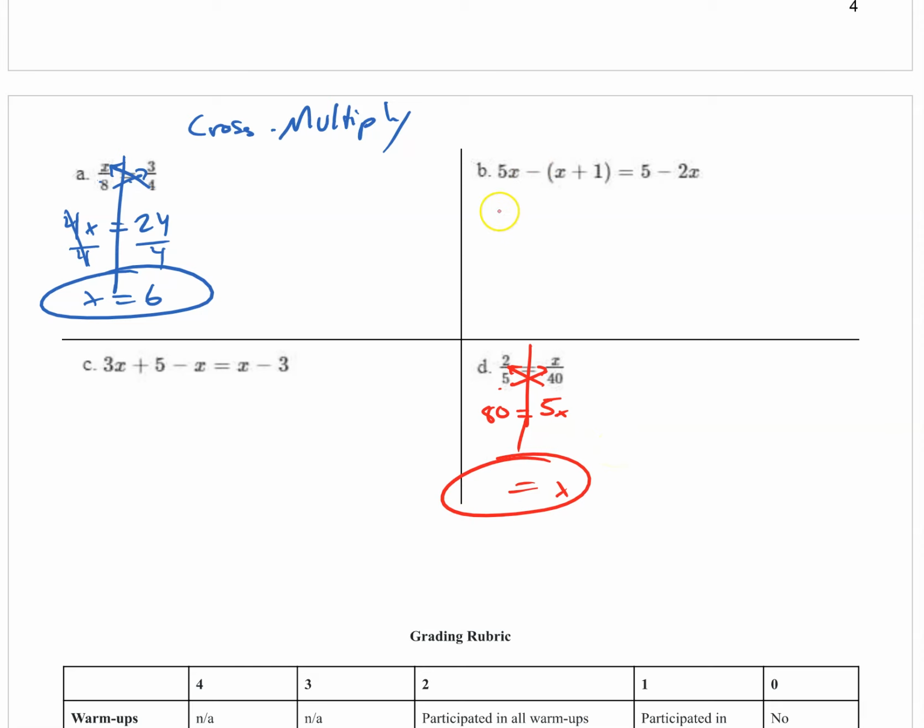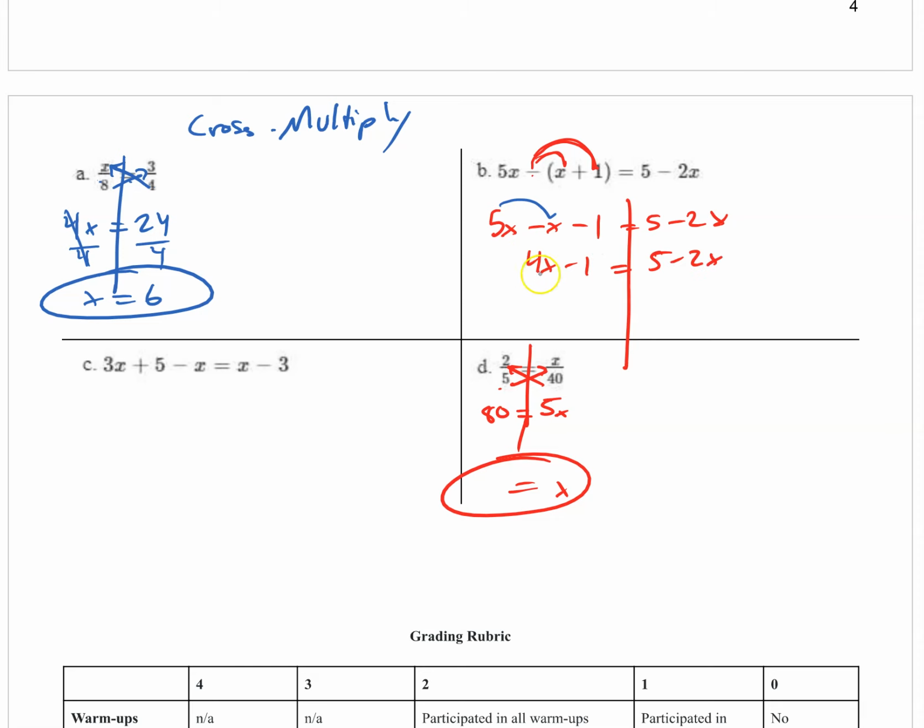Okay, b. I want to do b because it's kind of tricky. There's a negative sign outside parentheses. Now when you subtract parentheses, you have to distribute the negative sign. So it's minus x, and then minus positive 1. So minus 1. Now we combine like terms. Just on the left-hand side, that's 4x minus 1 equals 5 minus 2x.